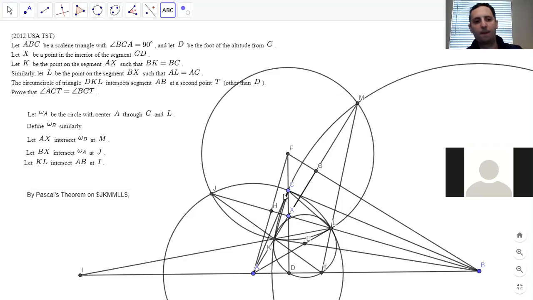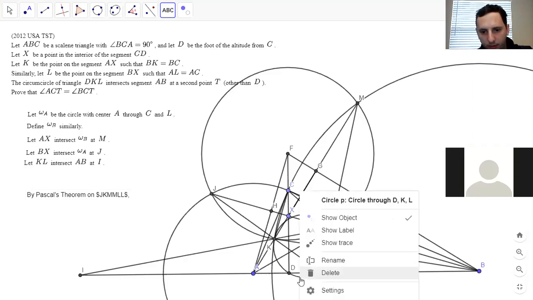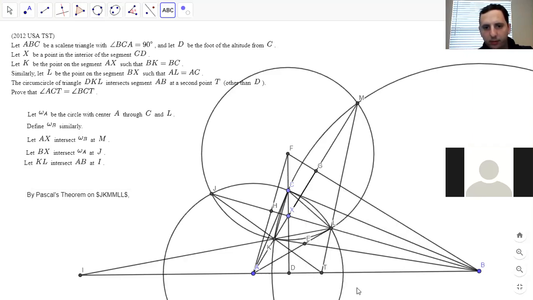I'm trying to think of the right order. Yeah, can you delete this circle? So let's define T as the intersection of XE with AB. Then we know that T is the intersection point. So we can try to prove that KLDT is cyclic.